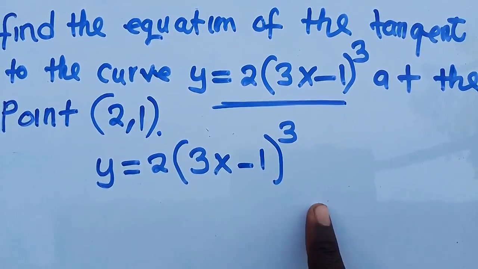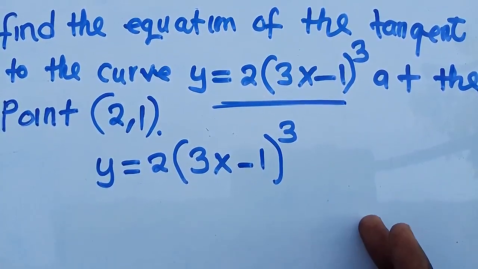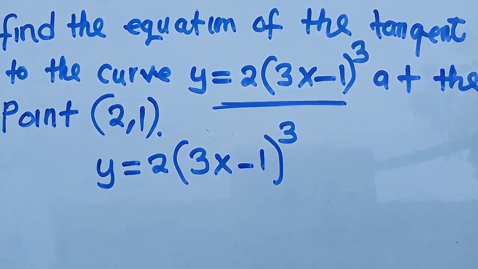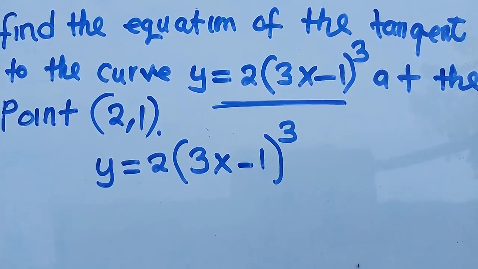Before you differentiate this, hope we know all the methods that we get to use under differentiation. How to use the product rule, the quotient rule, the power rule. All those are methods that we use under differentiation.